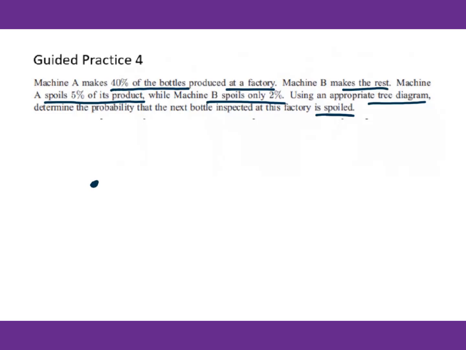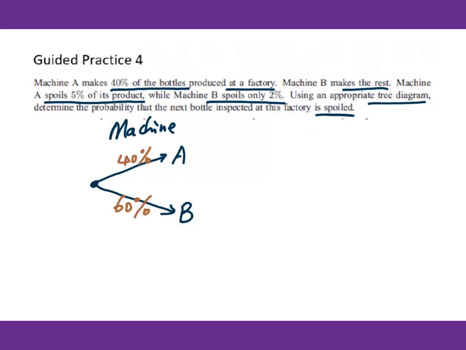First of all, you will check machine. You have machine A and machine B. Machine A, that's 40%. Machine B will be 60%.